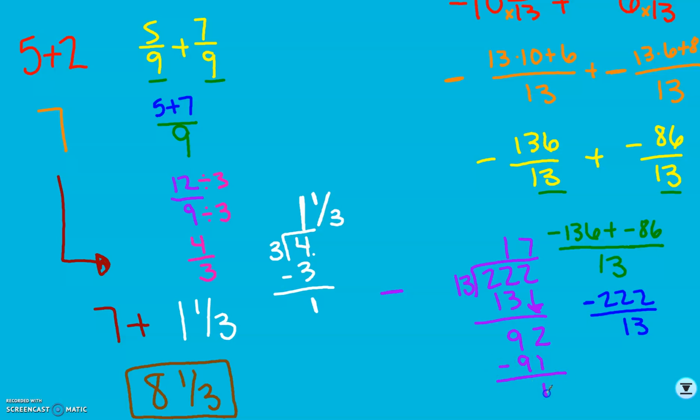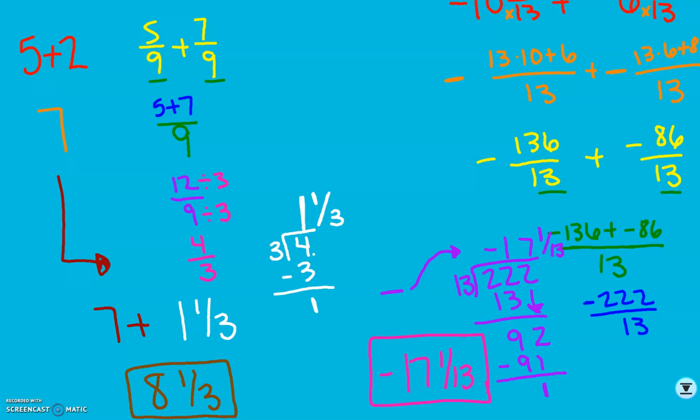I subtract, and I have a remainder of 1. So 1 over 13, and like I said, we know it's negative. So our final answer is going to be negative 17 and 1/13.